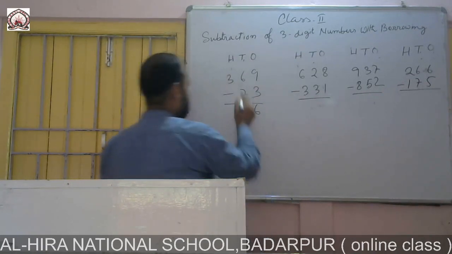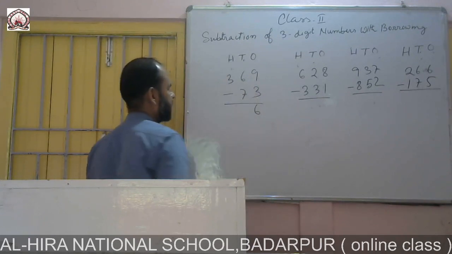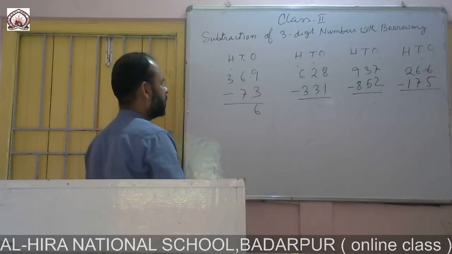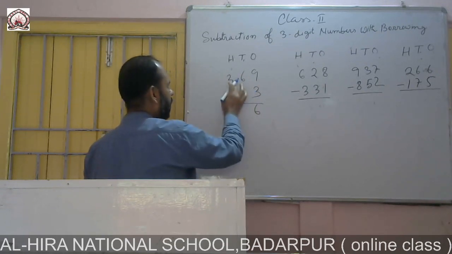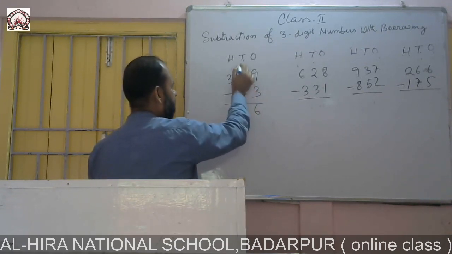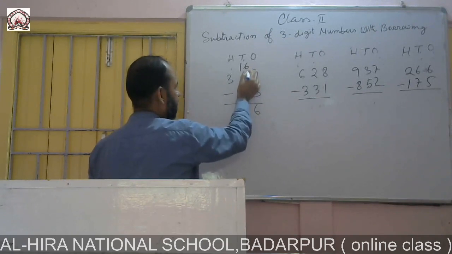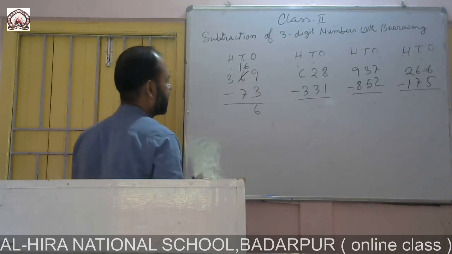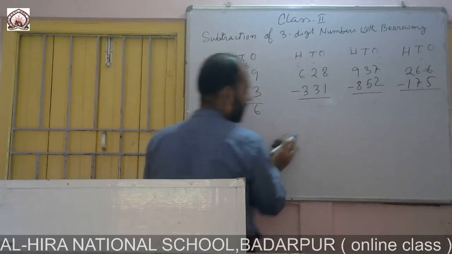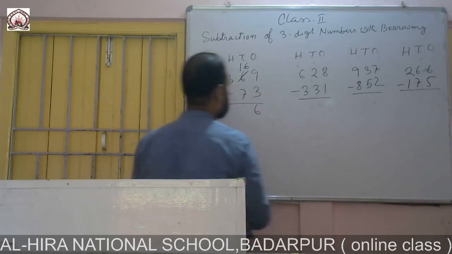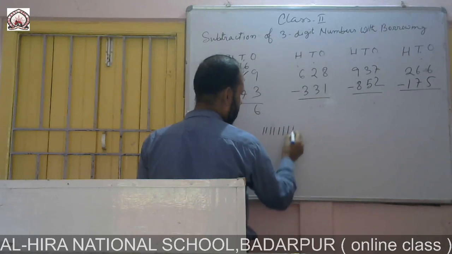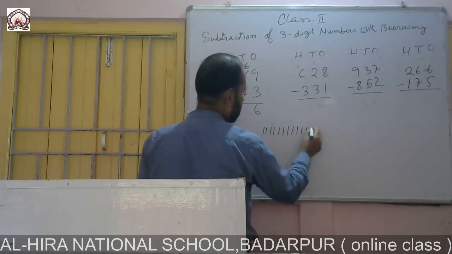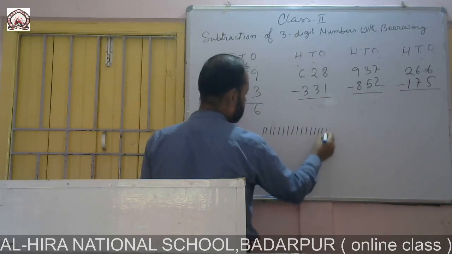Next, 6 minus 7 cannot, because 6 is small and 7 is big. We borrow 1 from these 3. Then there is 16, 16 minus 7. So we use lines 1 2 3 4 5 6 7 8 9 10 11 12 13 14 15 16.